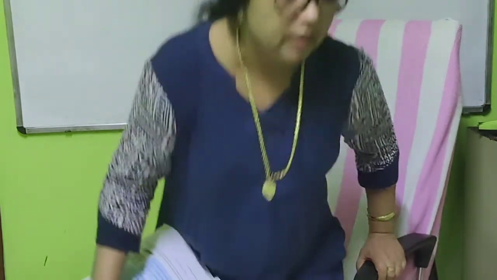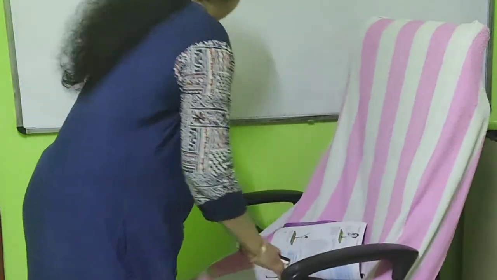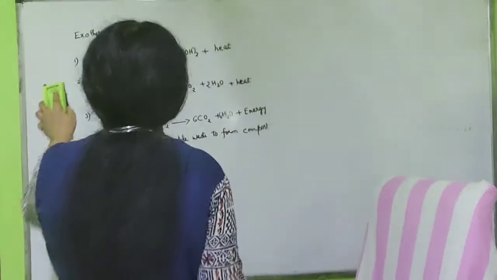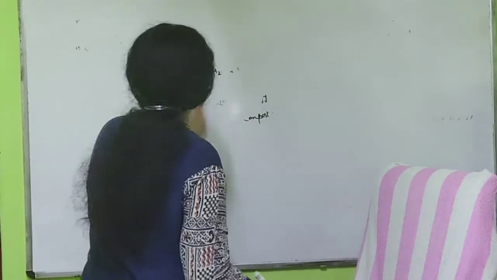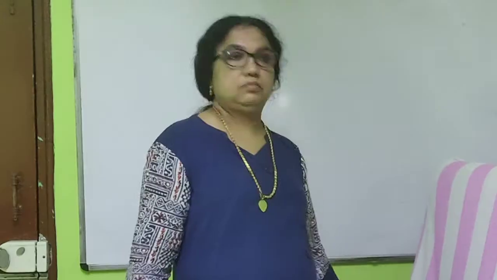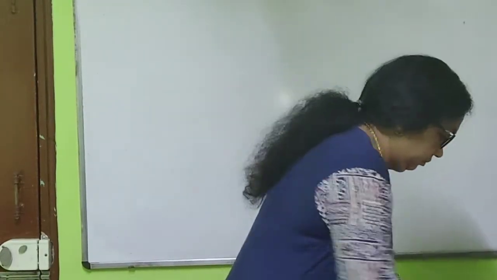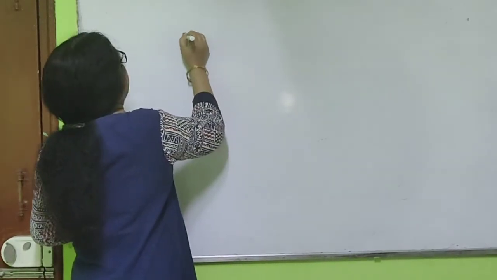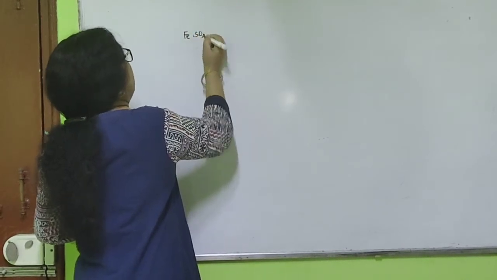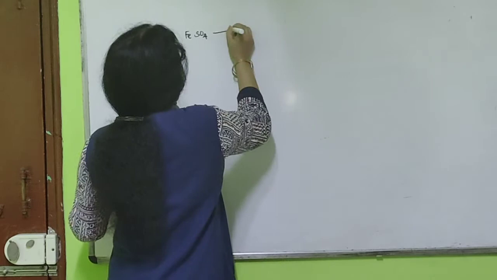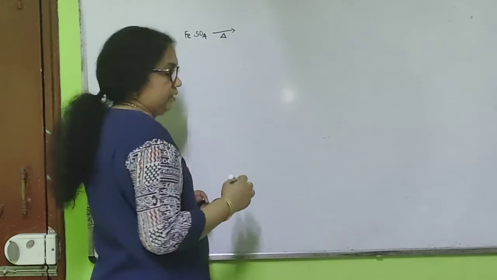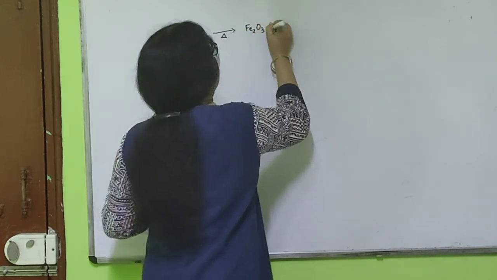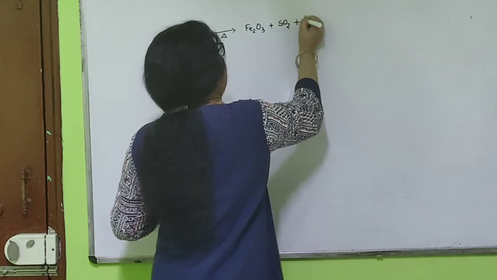Now I am showing those reactions, how they are written. First, ferrous sulfate, FeSO4, on heating gives Fe2O3 plus sulfur dioxide, SO2, plus SO3.